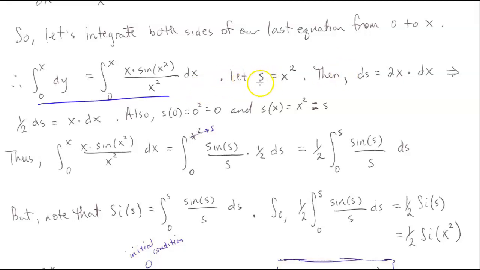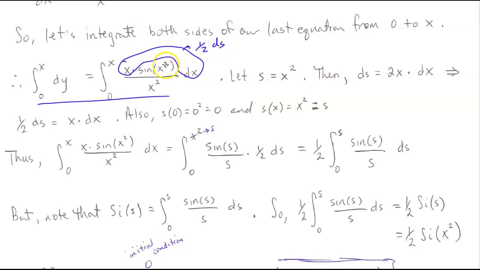So we're going to say let s be the substitution variable. So that means that ds is going to be 2x times dx, which means that 1/2 ds is equal to x times dx, okay? So we have a way of replacing this with just 1/2 ds.